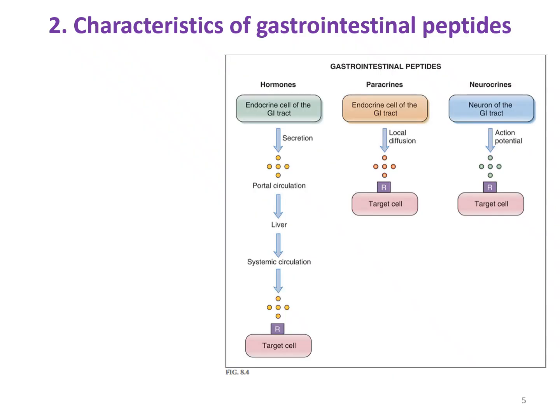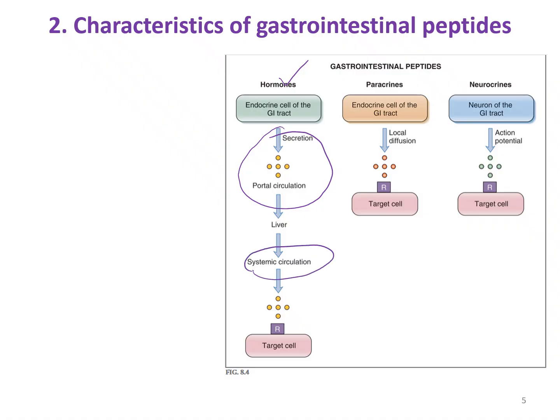What are the characteristics of these gastrointestinal peptides? Hormones are peptides released from the endocrine cells of the gastrointestinal tract. They are secreted into the portal circulation, pass through the liver and enter the systemic circulation.